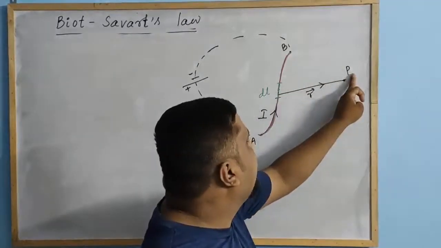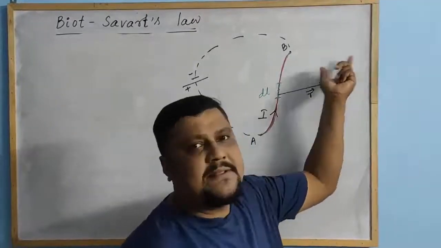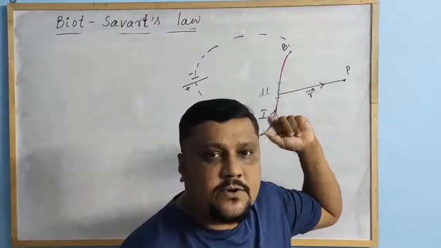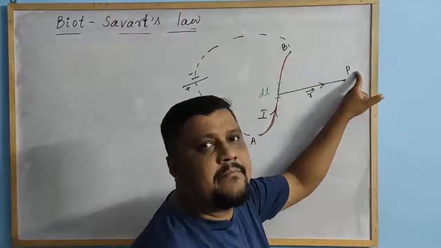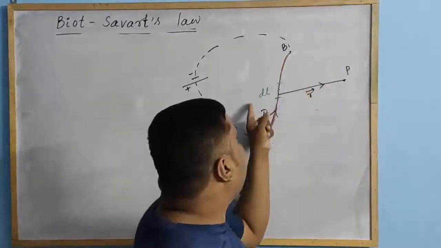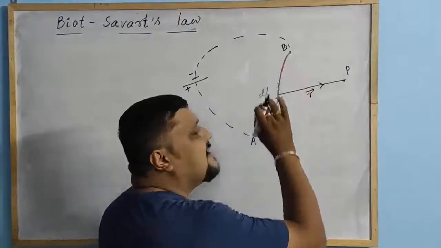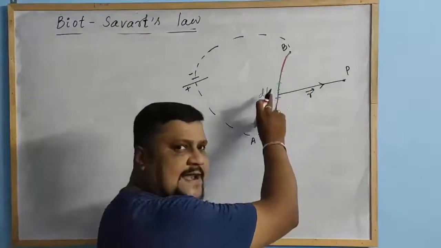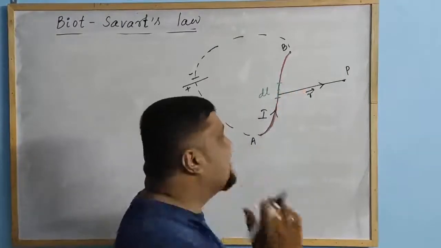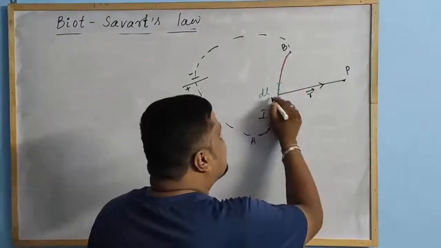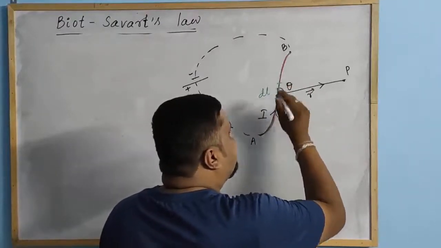Here, r is the position vector of P with respect to the element dl. And remember, this dl is not much length, it is infinitely small. We have drawn it this way for understanding. This is the portion of dl. And let this dl make an angle theta with this r.